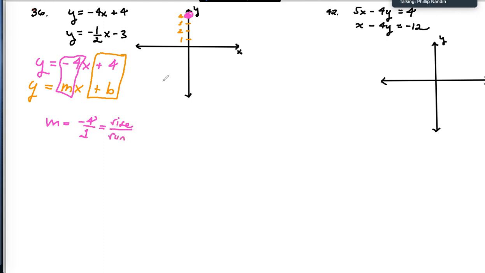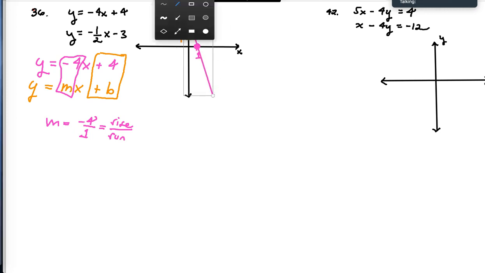So what I'm going to do here is go down 4, that's my rise, and then run 1. And then this is another point. I'm going to connect these 2 points in a straight line, and I have my first line.